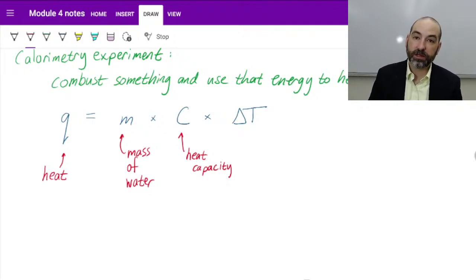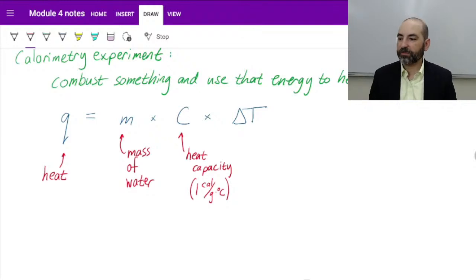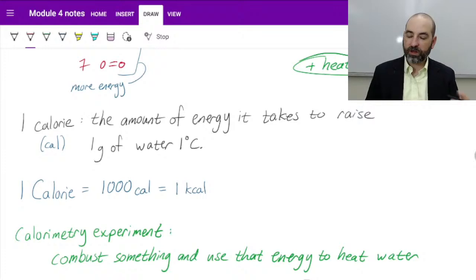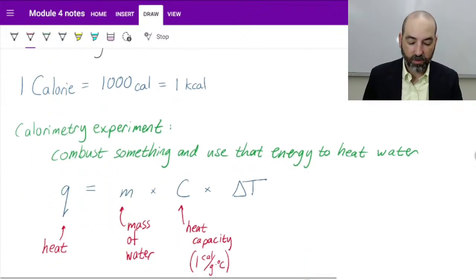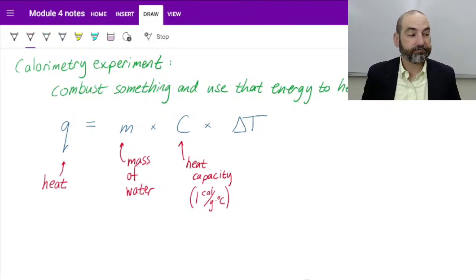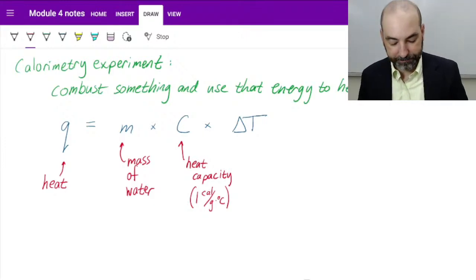If we're working in calories, we can pretty much ignore this term because the heat capacity of water is 1 calorie per gram degrees Celsius, which looks like a really complicated unit, but it's just saying what we wrote up here: 1 calorie raises 1 gram of water 1 degree C. And so that's why that number is 1. If we were heating up another substance like our calorimeter's metal, things like that, that heat capacity would be different.